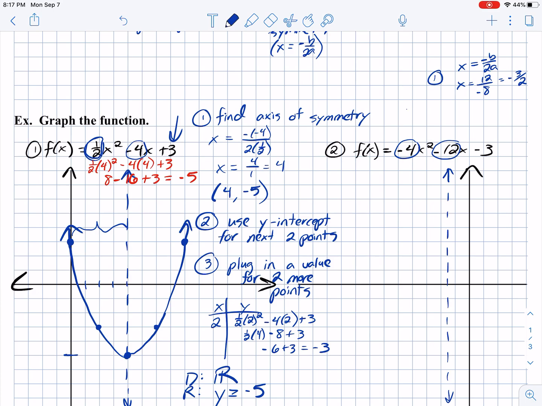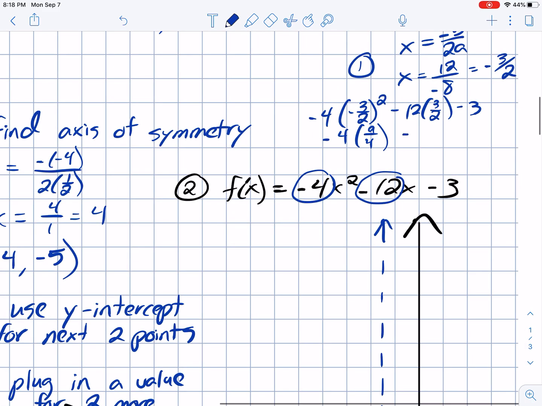So we're going to plug in negative 3 over 2 squared minus 12 times 3 over 2 minus 3. We get a negative 4 times 9 over 4. Minus 2 goes into 12 6 times, so 18 minus 3.